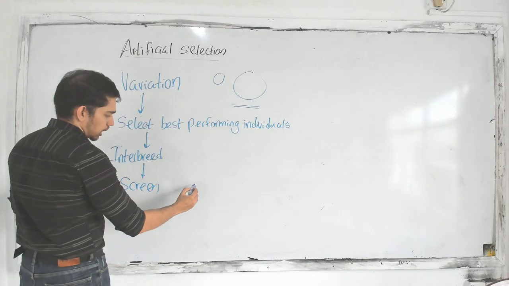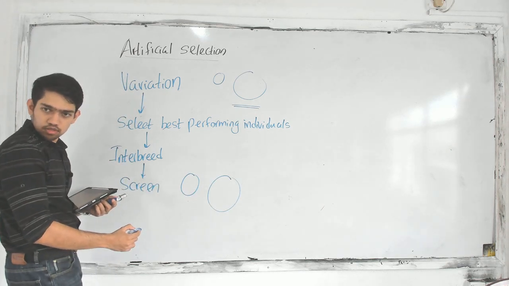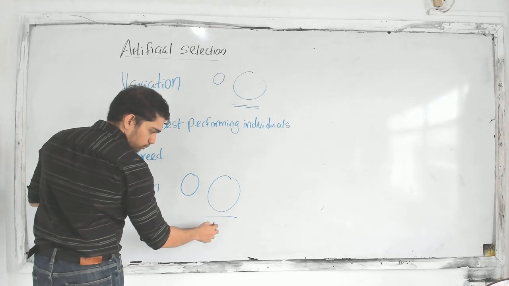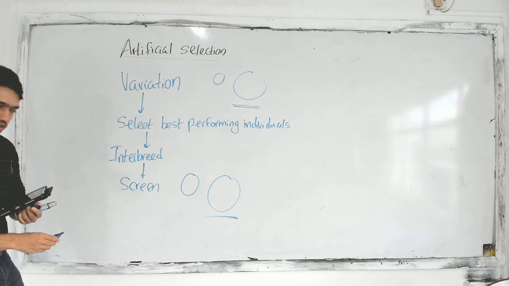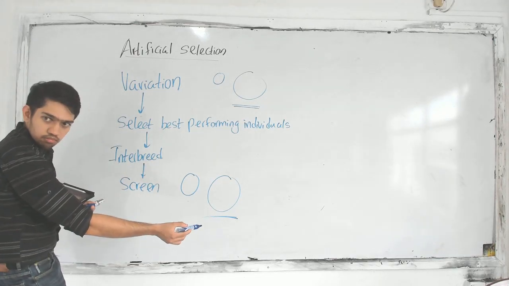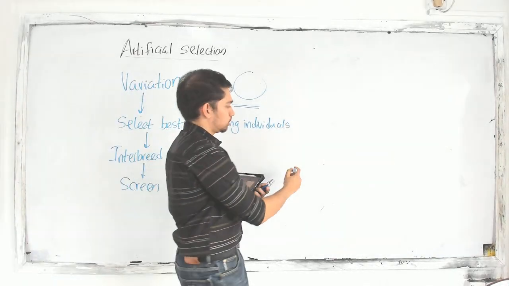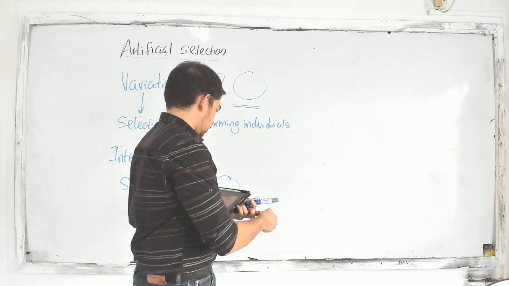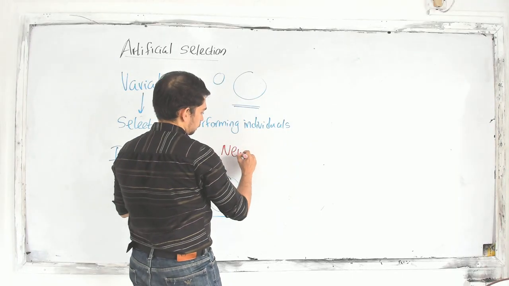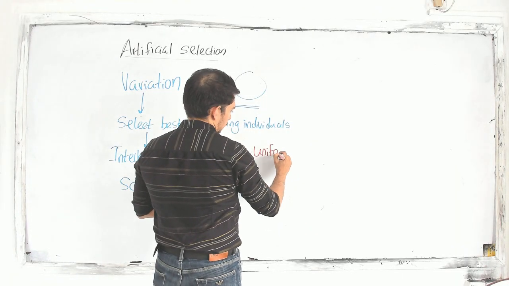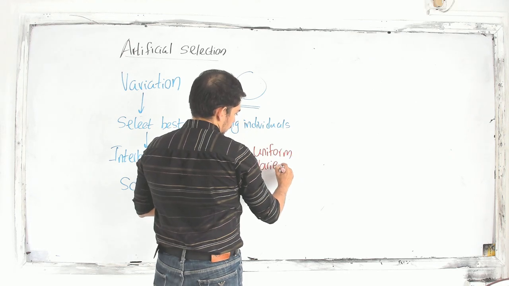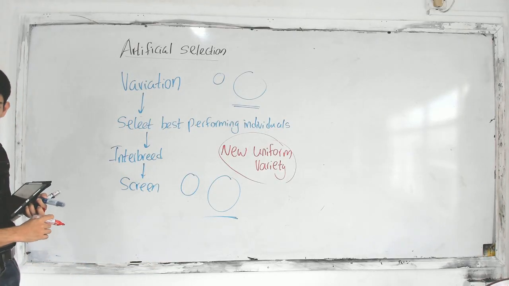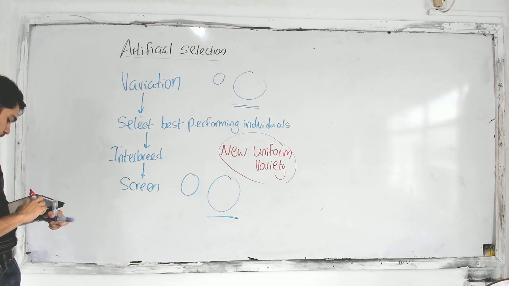In that population also there can be big ones and very big ones, because now you have taken one step. So in this generation, you again choose for the biggest and interbreed them, and you keep on breeding until you get a new uniform variety. This is the end target of artificial selection. Okay, simple. We talked about these things.